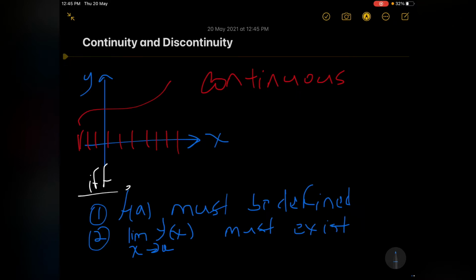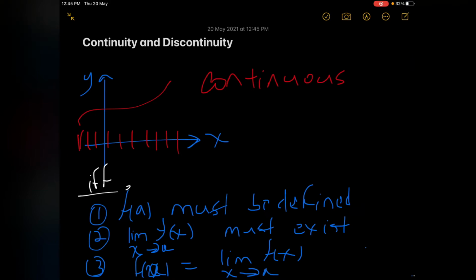And the third criteria: f of a must be equal to the limit of f of x as x approaches a. And these are our three conditions.